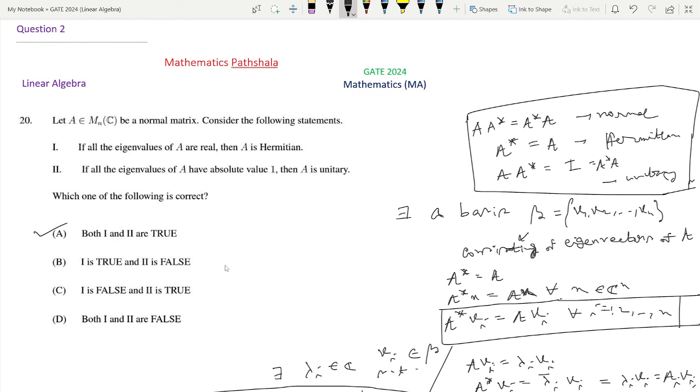B says that 1 is true, 2 is false, which is not true because 2 is true. C says that 1 is false and 2 is true, but 1 is not false, it is true. So option C is not correct. Option D says that both 1 and 2 are false, which is not true because 1 and 2 are both true. So option A is the correct option only, and B, C, D are not correct. This is the solution of this problem.